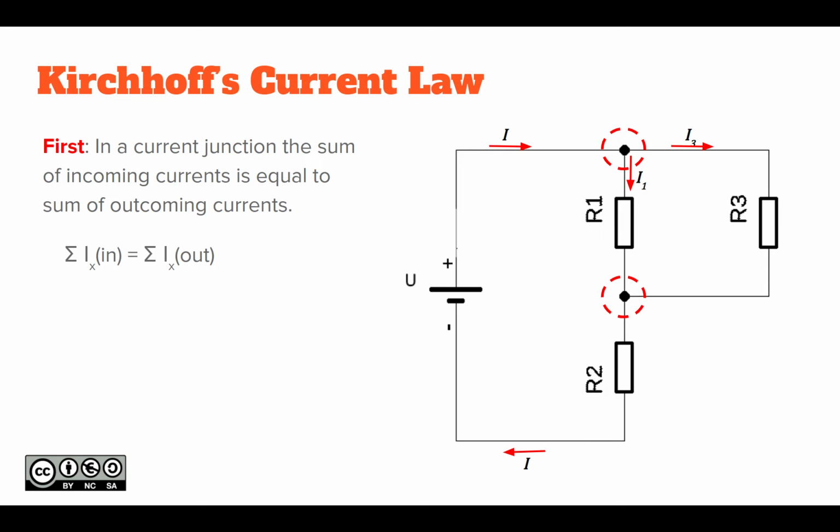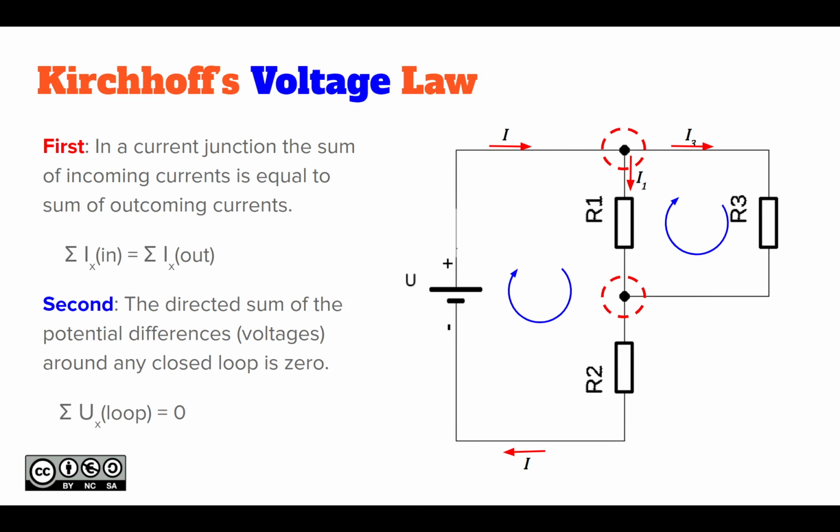And for circuit analysis, you need to know Kirchhoff's current law, which is quite simple. You go through each current junction and check which currents are coming in and which are going out. Basically, the sum of incoming currents is the same as outgoing currents, so the current doesn't disappear anywhere in between.